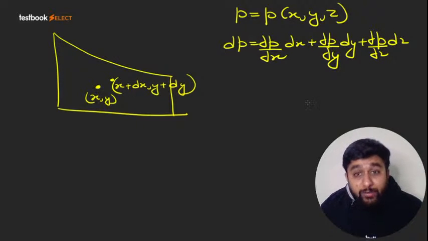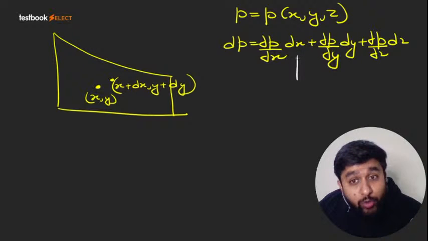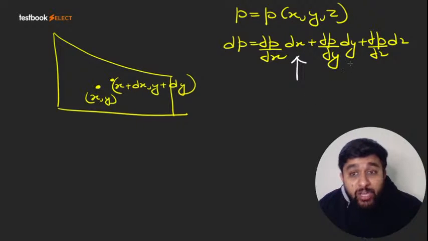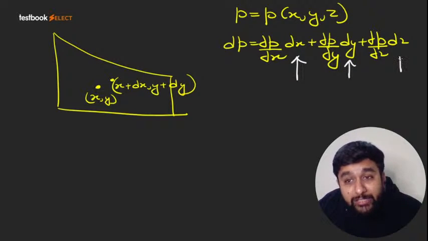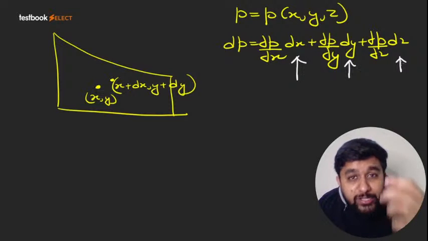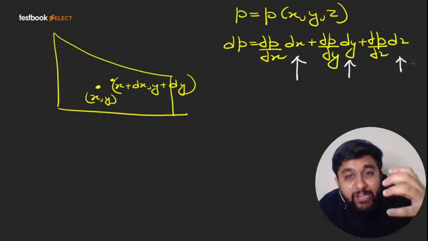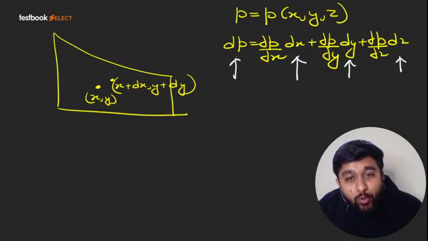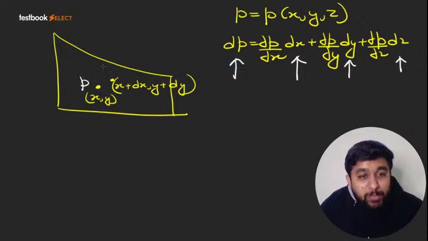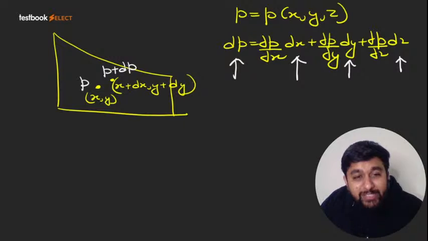Physical meaning of this equation is, sir, if two nearby points, their x coordinate, y coordinate and z coordinate differ by dx, dy and dz, then the pressure of the 2 points differs by dp. So here the pressure is P and here the pressure is P plus dp.